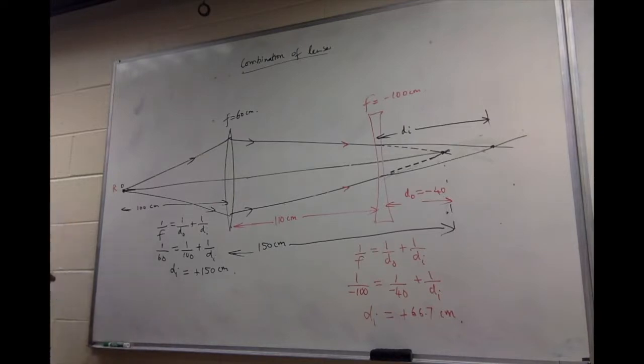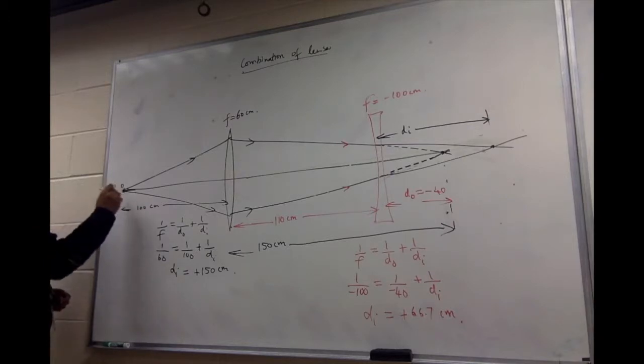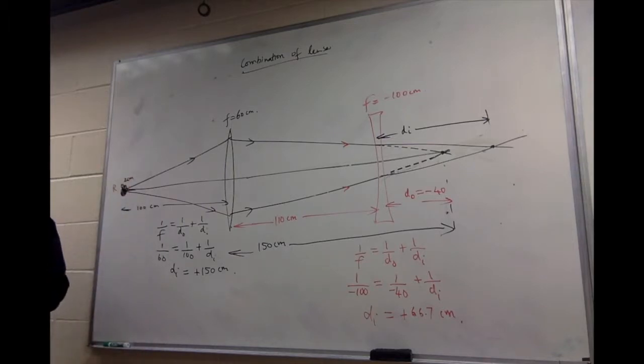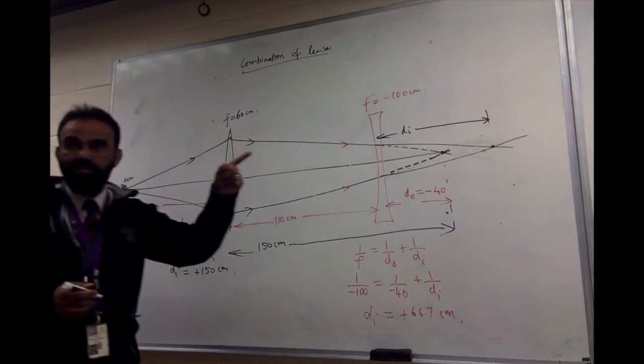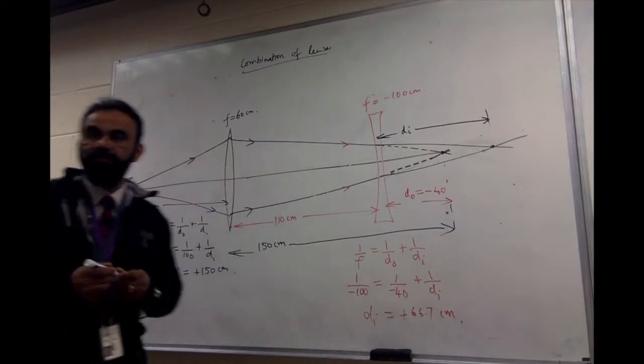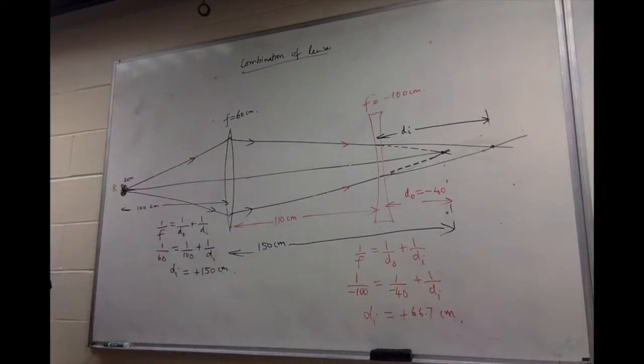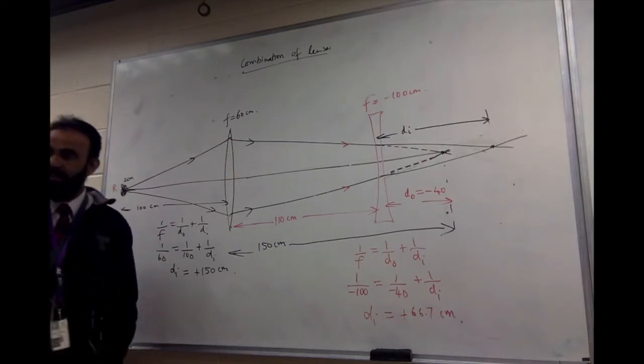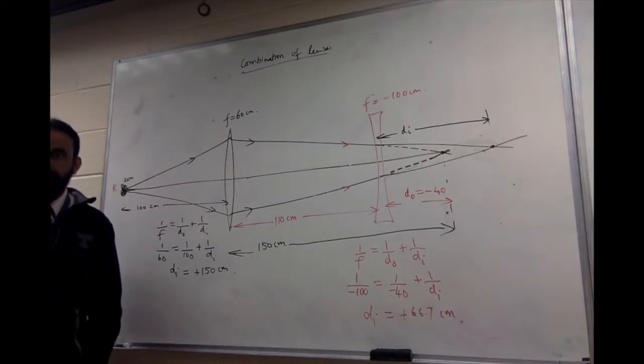Now let's find out some more. What if I keep an object here of height 2 centimeters? If the size of the object is 2 centimeters here, what's the size of the image? Now there are two lenses, and each one is doing a magnification.